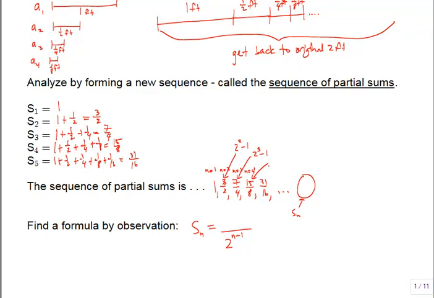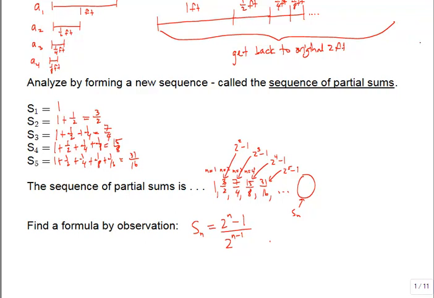This number is close to 16, which is 2 to the 4th, minus 1. And 2 to the 5th is 32, minus 1 makes it 31. So these numerators are going to be 2 to the n minus 1. That's how we can come up with a formula for these partial sums.